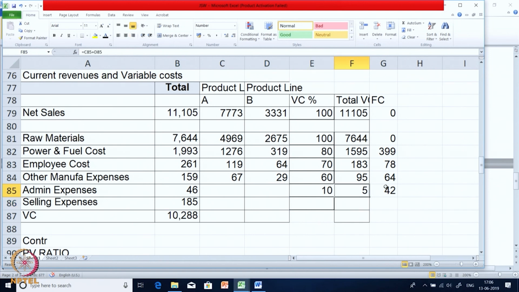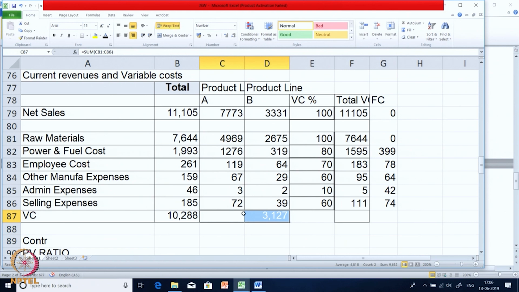So, 5 VC and 42 FC, it can be broken as 3 and 2. For selling, 60% is variable. So 111 and 74, divided as 72 and 39.